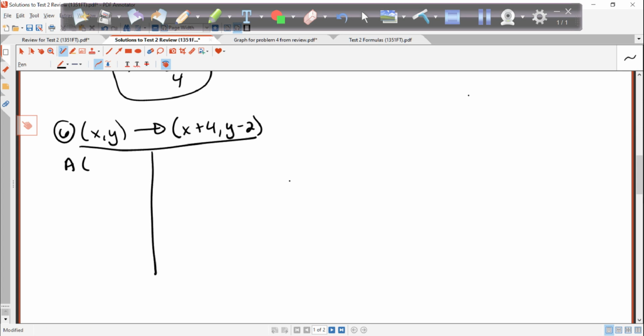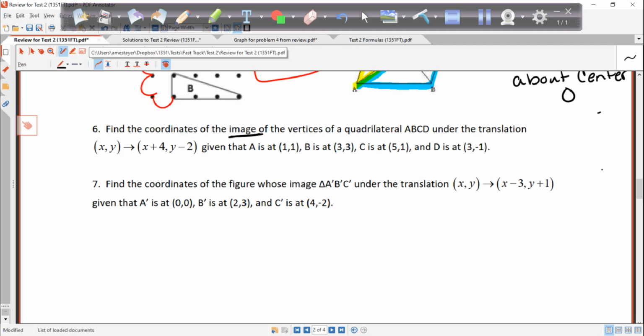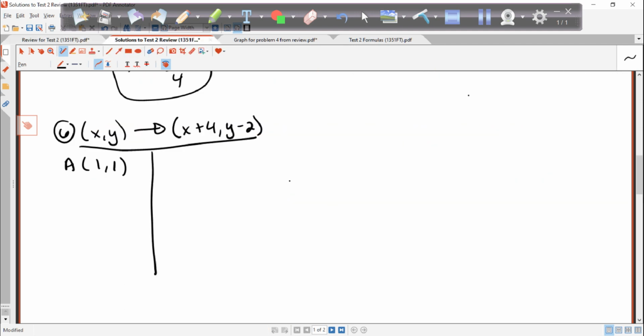We were given the points 1, 1 for A, 3, 3 for B, 5, 1 for C, and 3, negative 1 for D.